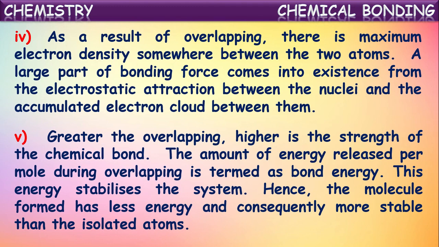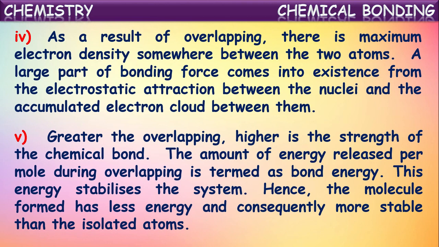The amount of energy released per mole during overlapping is termed bond energy or bond enthalpy. So we know when a bond is formed, the molecule will be at minimum energy, meaning it releases a certain amount of energy. That amount of energy released while a bond is formed is called bond energy or bond enthalpy.